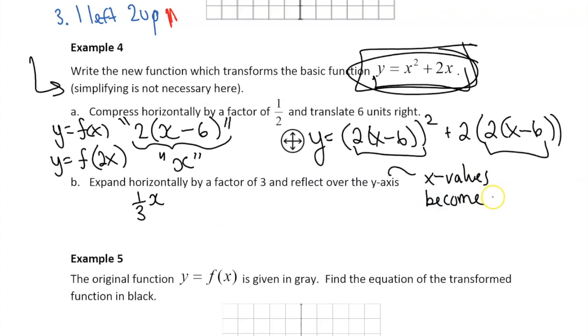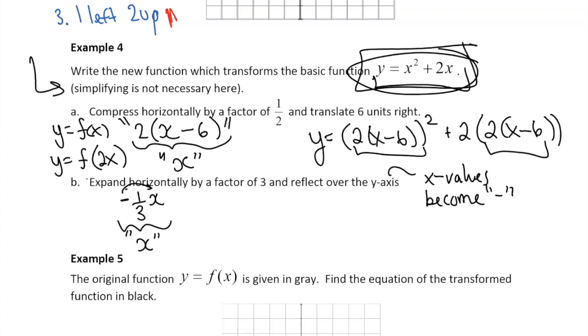They're going to become times by a negative sign. And so what we can do there is we could say that would be the same as putting a negative in front of here, because it'll act on that x right there. And so wherever you have an x, you're now going to replace that with a negative 1/3 x.